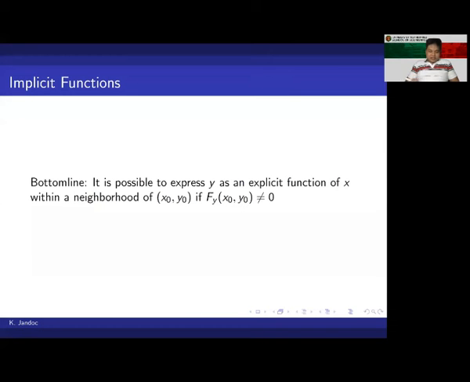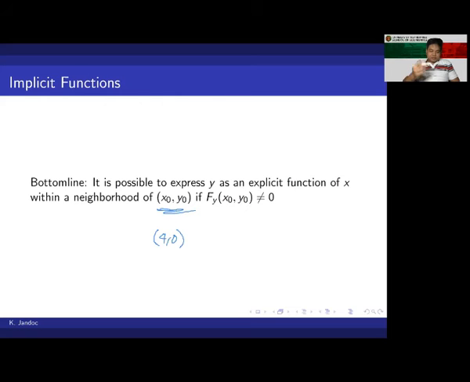So the bottom line is, at least for some restricted parts, in some neighborhoods, it is possible to express y as an explicit function of x, within a neighborhood. In our example a while ago, we had the neighborhood with (x0, y0) as (4, 0).